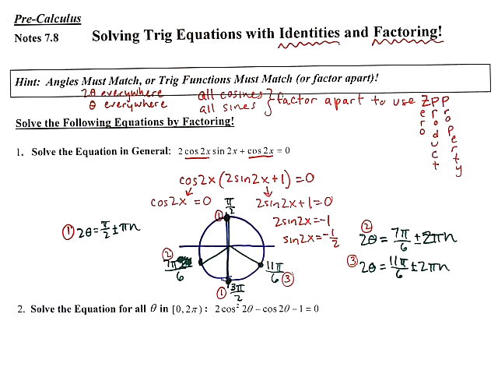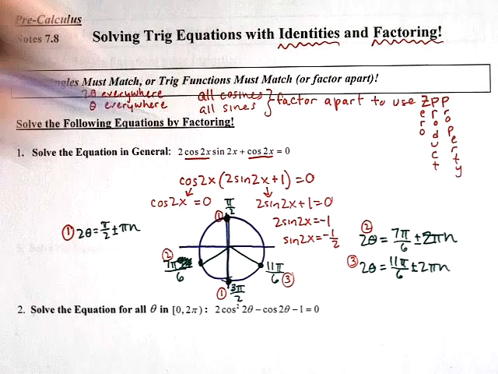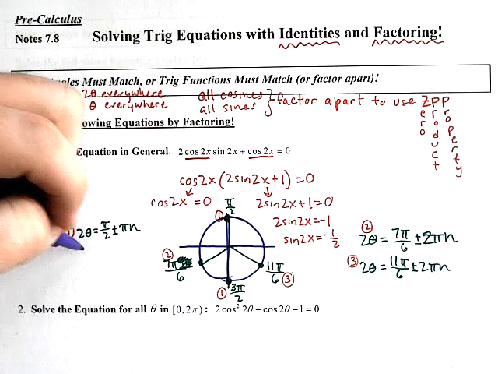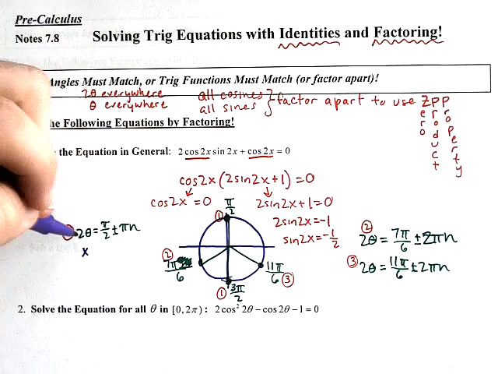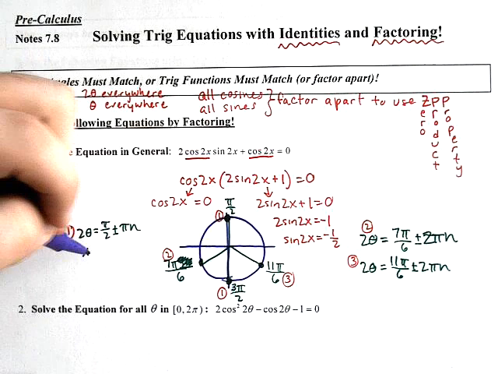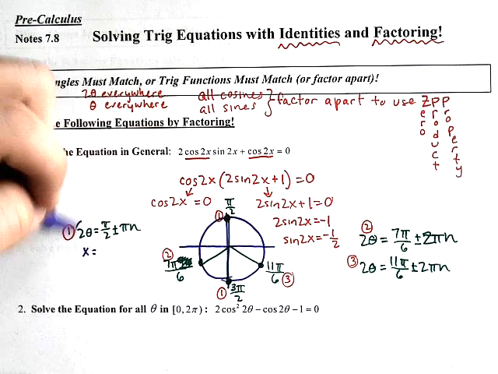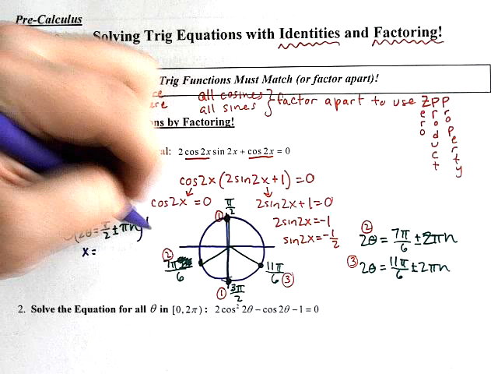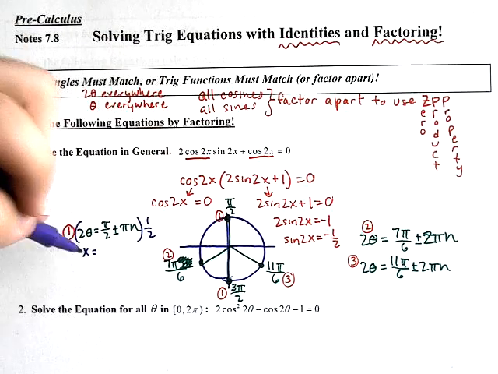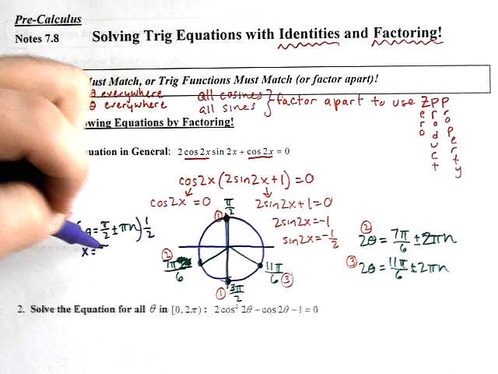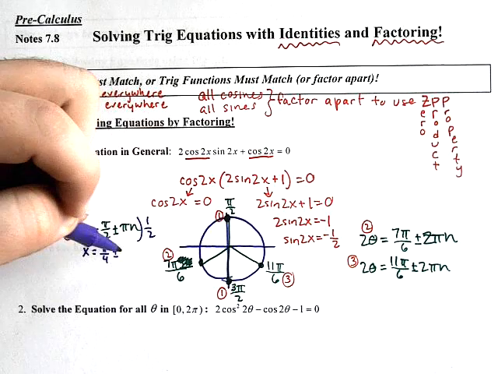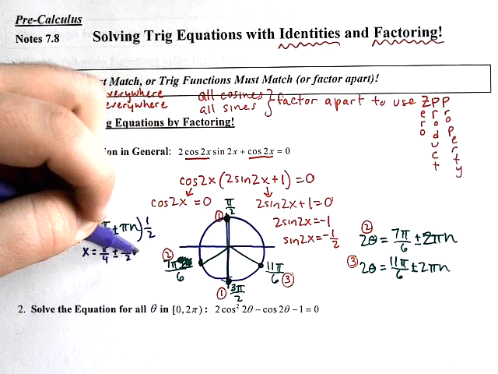Now the last thing, I just have to write these in general, but they're in the form of 2 theta, and I just want x. To be honest, I should have been using x's, so I'm going to change that now. I'm going to write x. I know that I have to divide by 2 everywhere, or I guess what Kush wants me to do is multiply the whole thing by 1/2. Then I get x equals pi over 4 plus or minus pi over 2n.